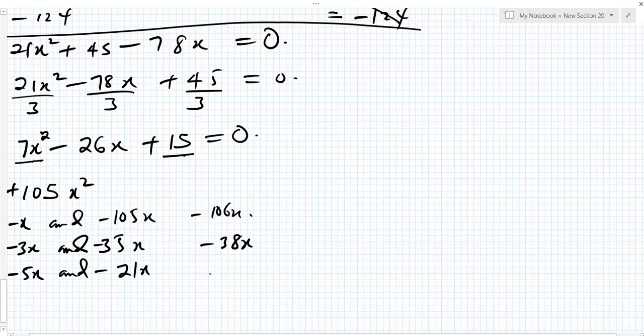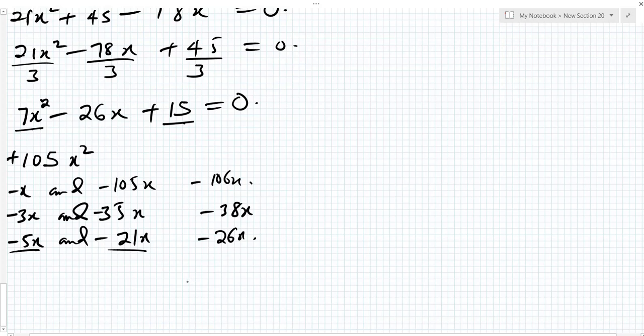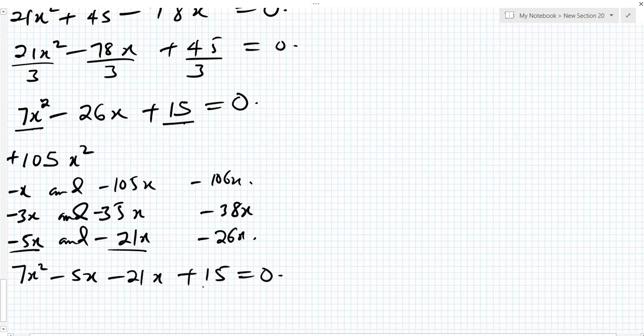So if you sum this, you have minus 26x. So this is the answer. These are the two factors that when you sum them give you minus 26x. So we now replace minus 26x with minus 5x and minus 21x. So you have 7x squared minus 5x minus 21x plus 15 equal to 0.